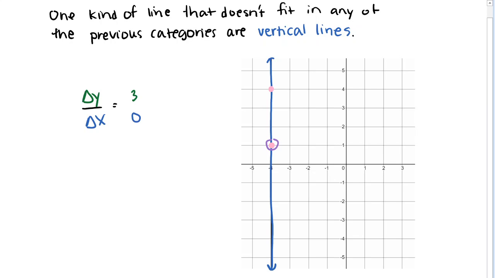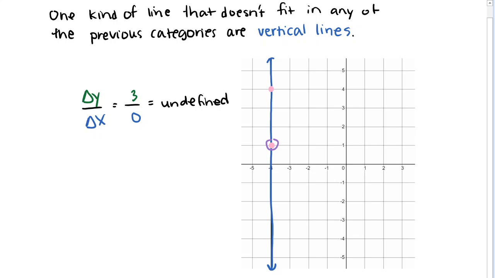The change in x is 0. And so we have 0 in this fraction, but this time it's in the denominator, right? Not in the numerator. And you might recall that when we try and divide a number by 0, it doesn't end up giving us 0, it ends up giving us undefined. It is not a really well-defined result. So this is undefined.